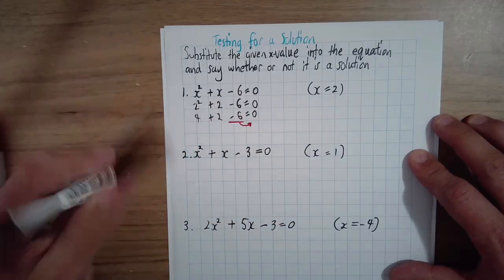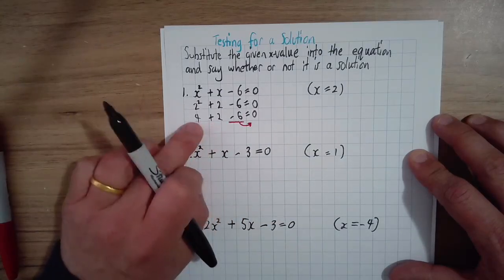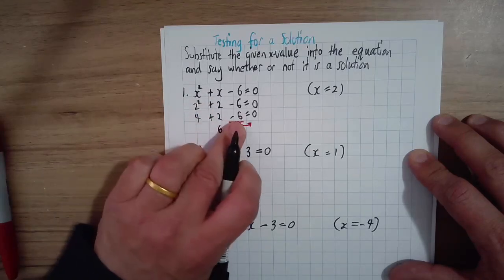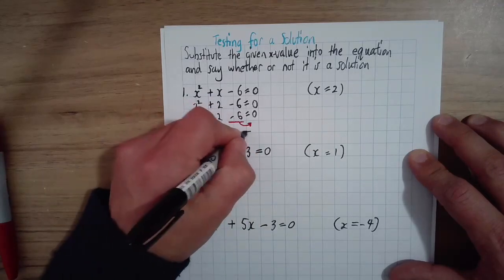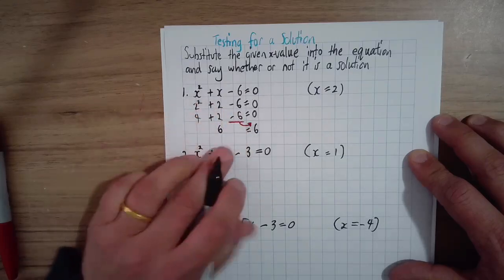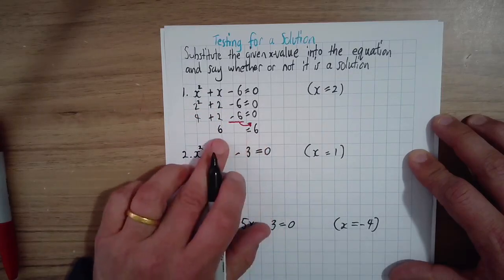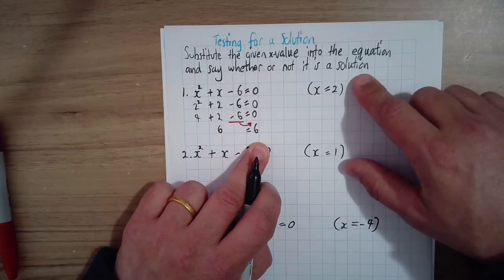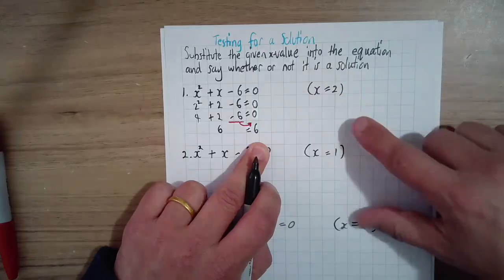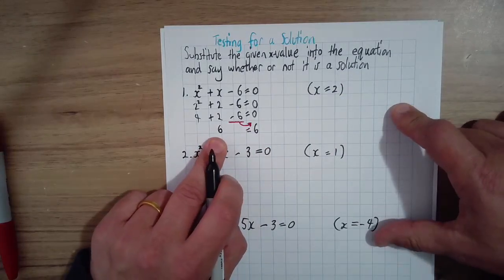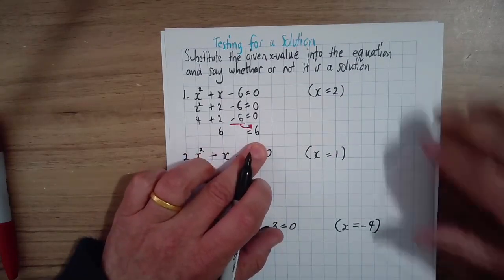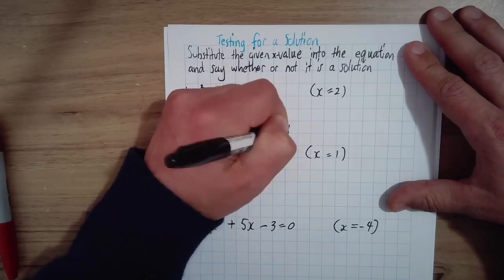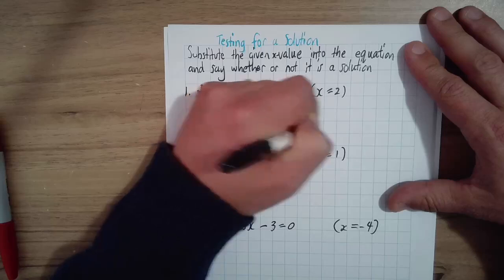So we're going to have 4 plus 2 is 6, and then our negative 6, when we bring it across to the right, will become positive 6. So we have 6 equals 6. So this actually is a solution. We're testing for a solution. We have a solution because what's on the left of the equal sign is equal to the right hand side. So therefore, yes, we have a solution.